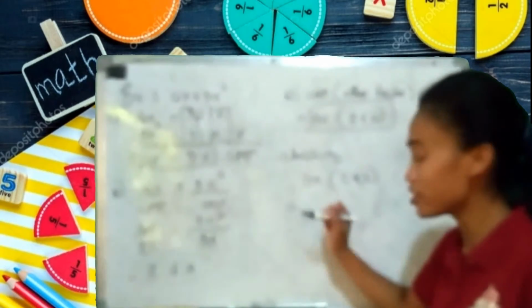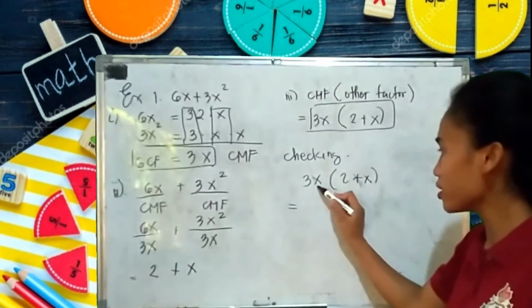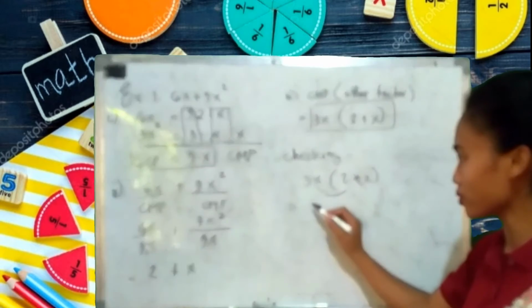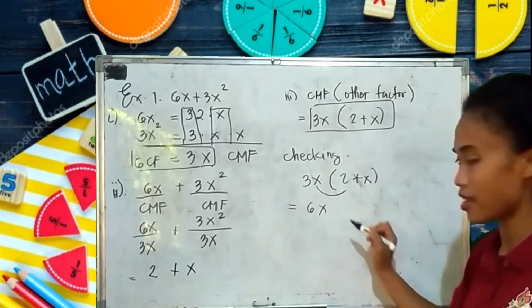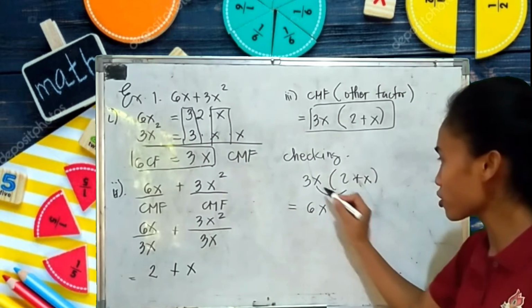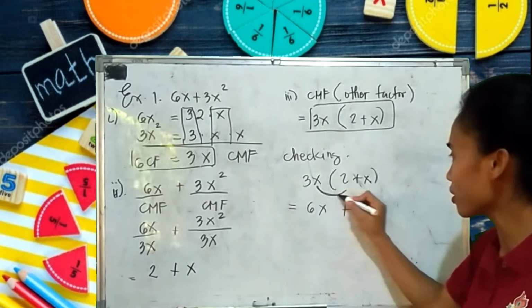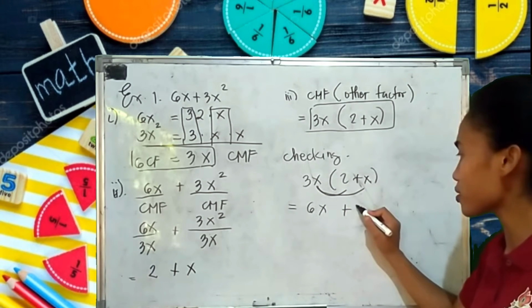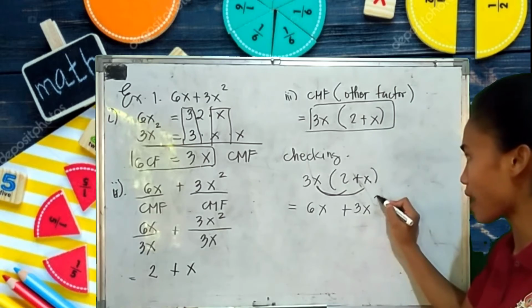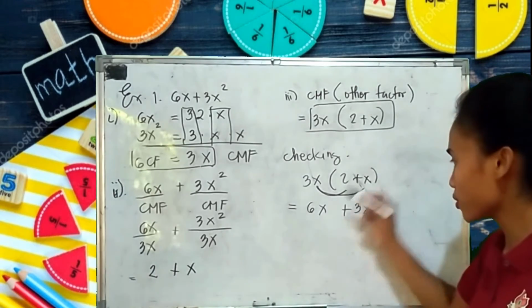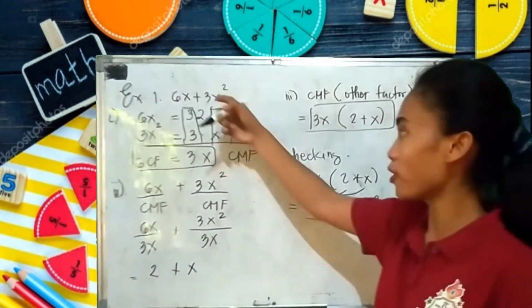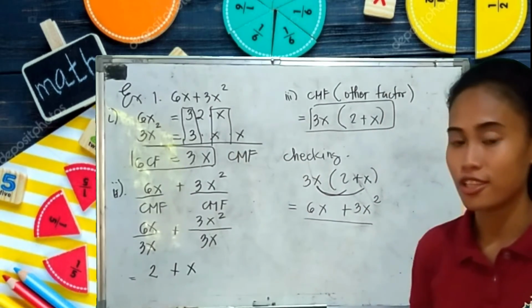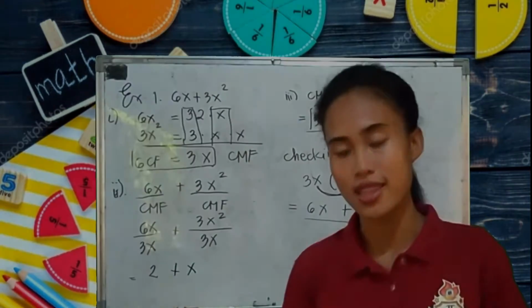Okay, so by your distribution property, we distribute your 3x to 2, so we have 6x, right? And then you distribute your 3x to x, and so the answer is 3x squared. So you see, we obtained the same polynomial by checking. So that is our example number 1.